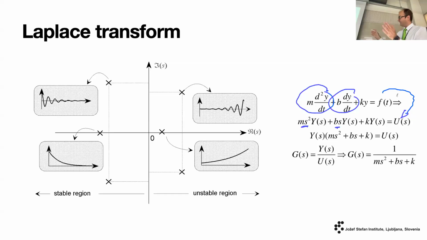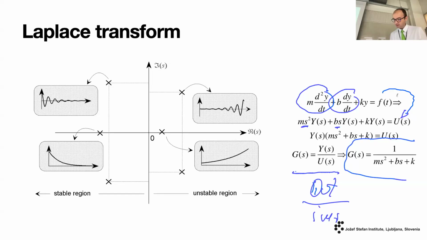Then by algebraically rearranging, we get this relation: output versus input. And this here is called a transfer function. This is the impedance that we are looking at. Why is this important? The transfer function doesn't always have 1 in the numerator. It can have some parts, but we can ignore them for now. The important part is in the denominator.